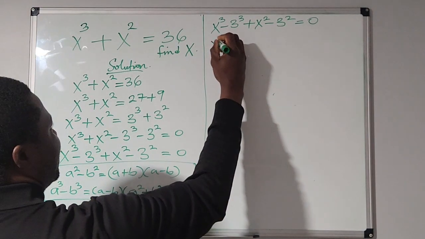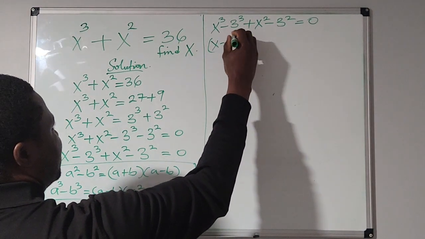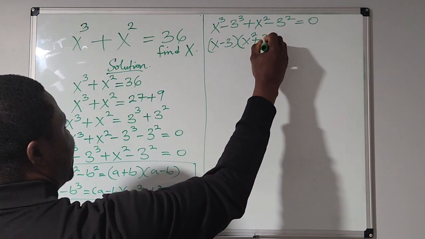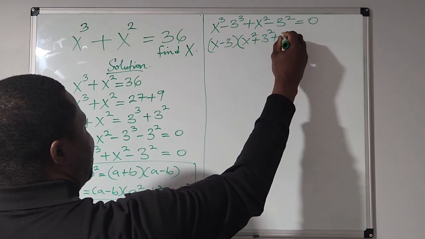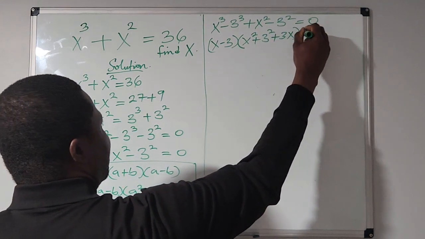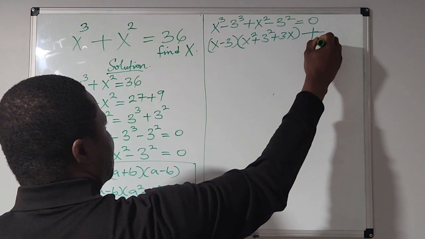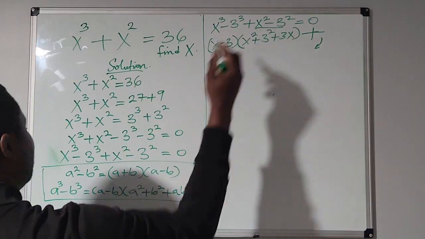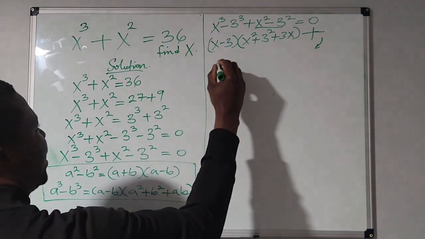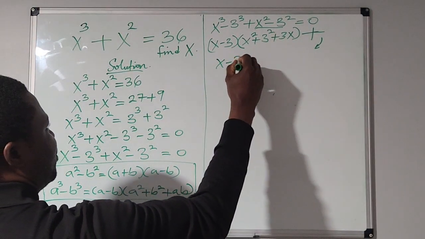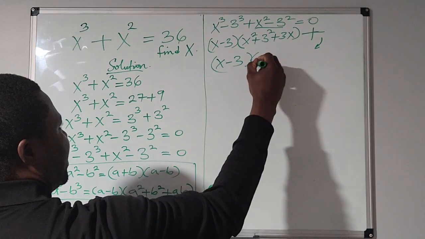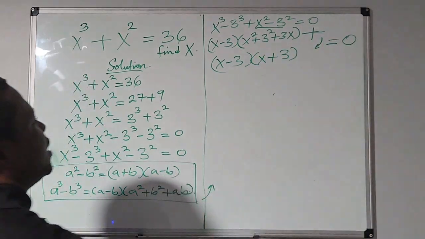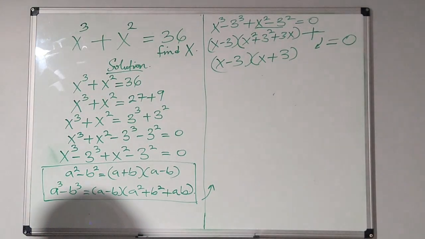So we have (x minus 3) into (x squared plus 3 squared plus 3x), plus, let's continue on the side. Now it's this one's turn. So we'll rewrite this in this format. We have (x minus 3)(x plus 3). This whole thing is equal to 0.